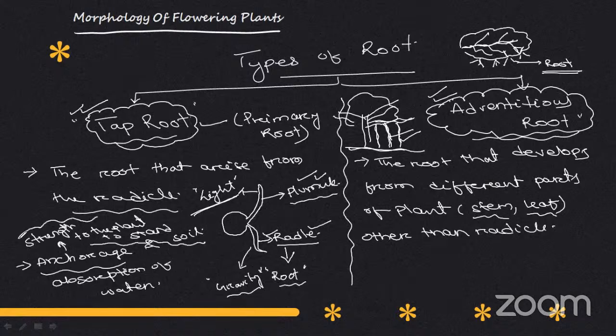To hold the soil and help the plant stand, that is done by our root system. It provides strength to the plant to stay straight above the soil surface, as well as helping in the absorption of water.